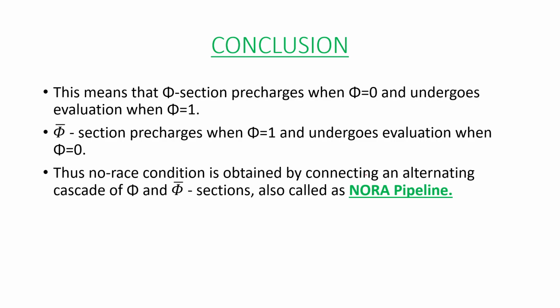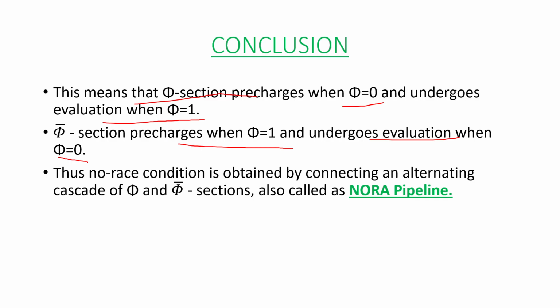So if we conclude, then we can say that the phi section pre-charges when phi equal to 0, and it undergoes evaluation when phi equal to 1, whereas the phi bar section pre-charges when phi equal to 1 and undergoes evaluation when phi equal to 0. So thus we can see that these phi and phi bar sections are alternating into the pre-charge state and evaluation state.